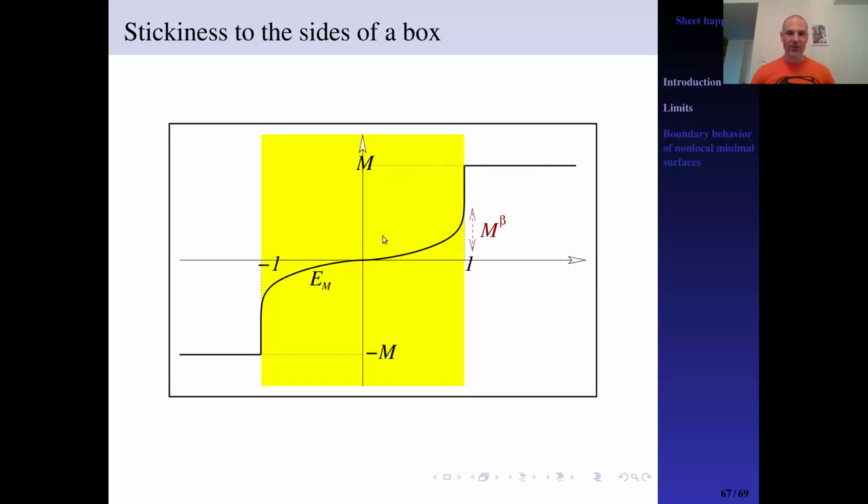So it's not going to cross like a straight line, like a segment joining the two points. It will stick vertically and then make an interpolation between the two jumps.